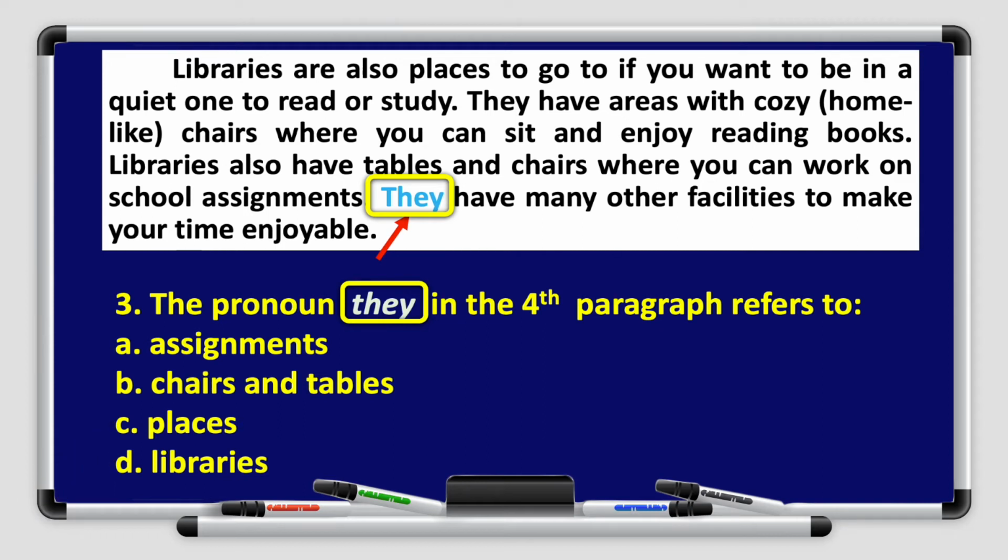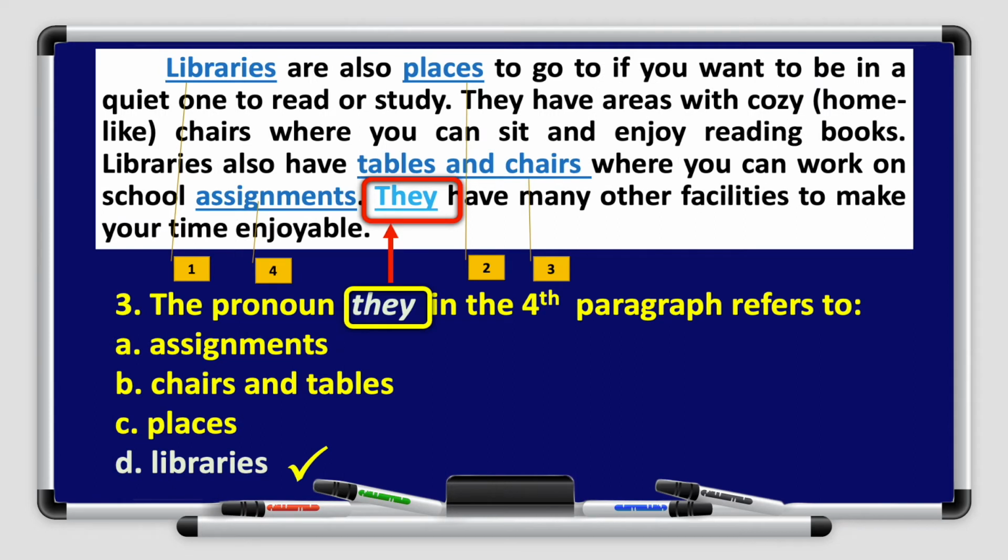So let's underline the pronoun they before we answer and trace it back to what it refers to. As we can see, let's check the underlined words. We have library underlined, places underlined, tables and chairs, assignments is also underlined. So, after tracing back, the answer is D, libraries.